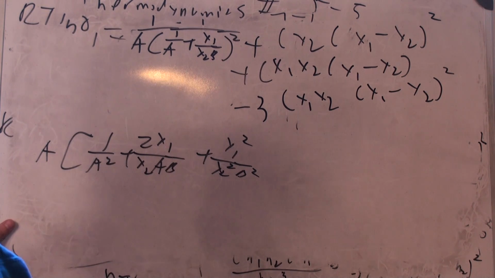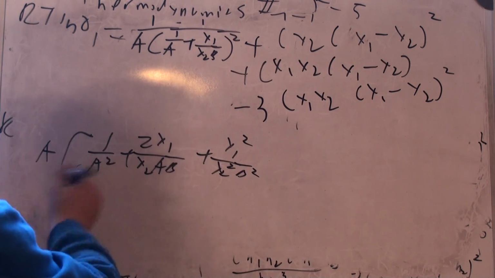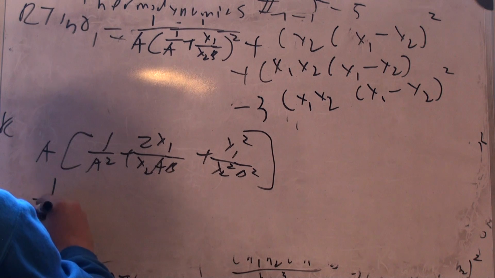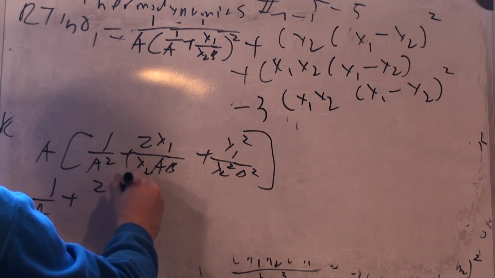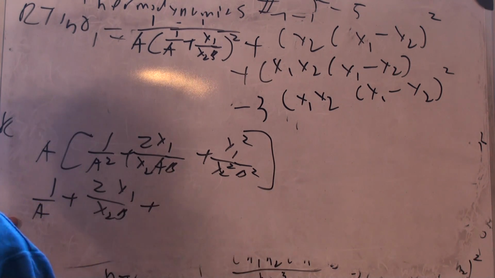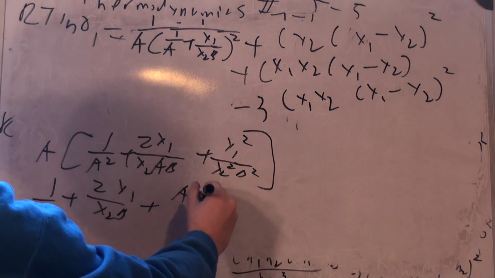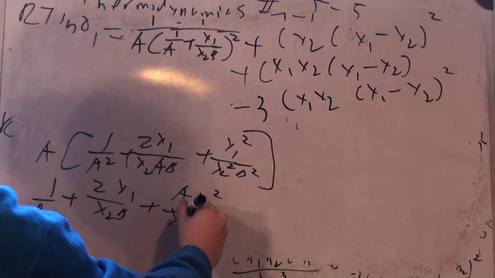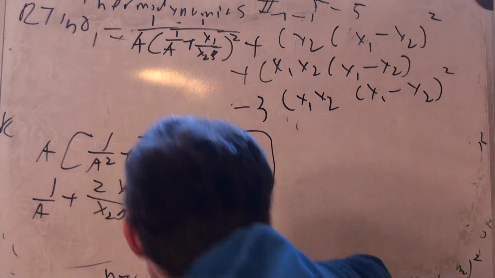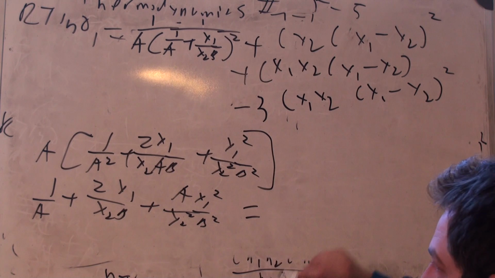And then that becomes 1 over a plus 2x1 over x2 b plus a x1 squared over x2 squared b squared. Not seeing much of a pattern, but hey, let's do a common denominator here to see if things clean up a little bit.